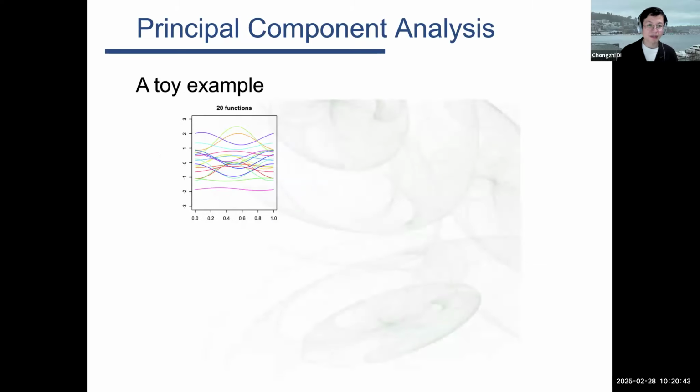In this example, I simulated 20 different curves, each indicated using a different color. Before I show you what PCA would do, you might want to observe and think: what types of variation do you see among these curves, meaning how do these curves differ from each other?